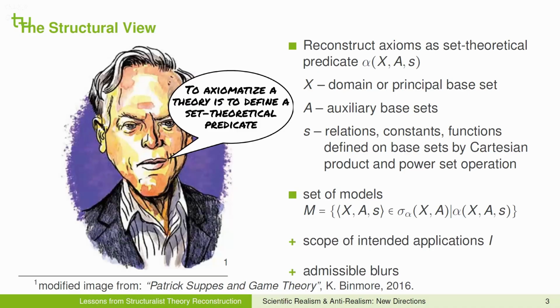And what is, in my view, the most important and most beneficial point of the structural view, not in the Suppes version, but in the later developed versions, is the concept of admissible blurs.